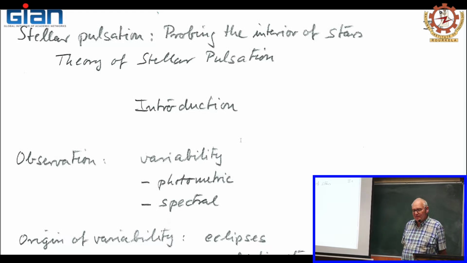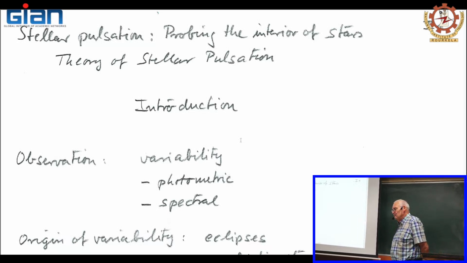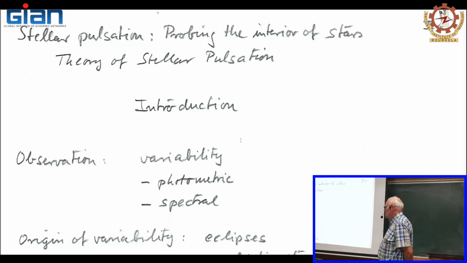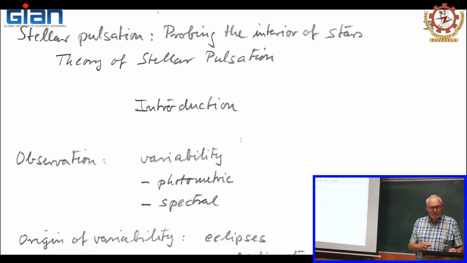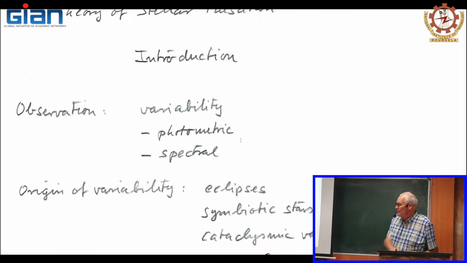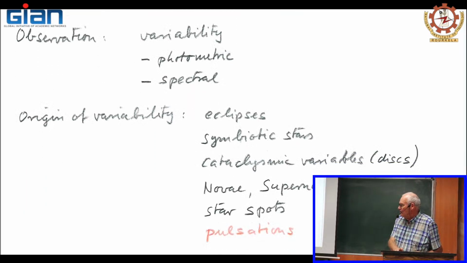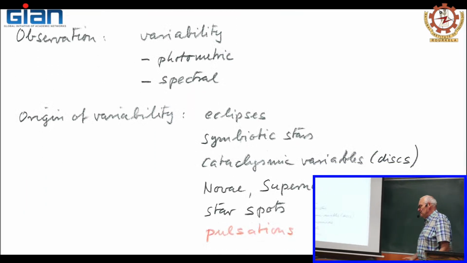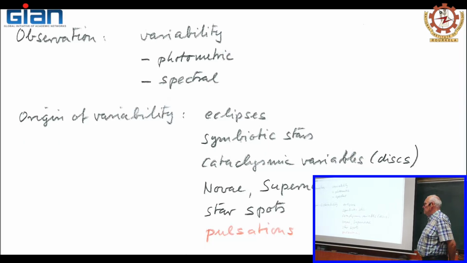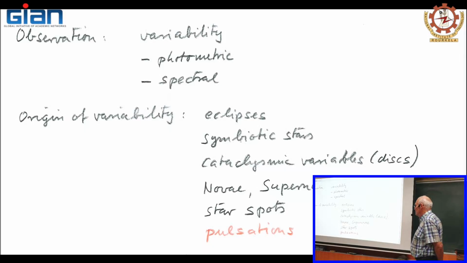If the stars get closer, for instance, in symbiotic stars, we will also have variability, which we would not call eclipse, but which is caused by the interaction of close binaries. These are then symbiotic stars.